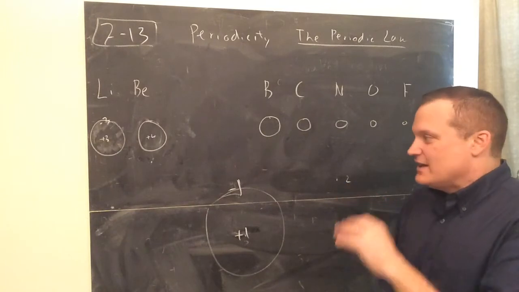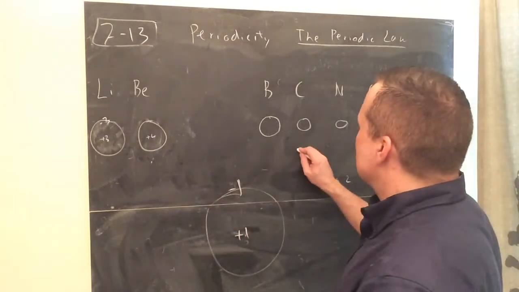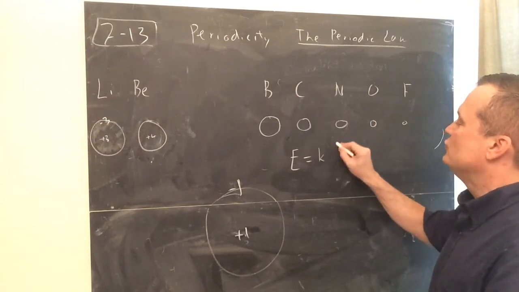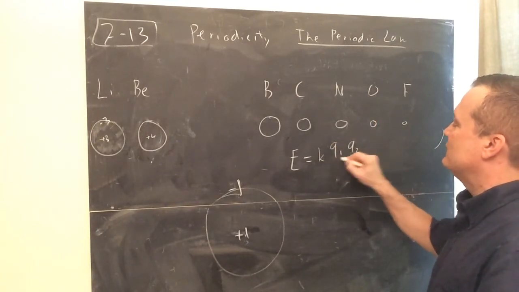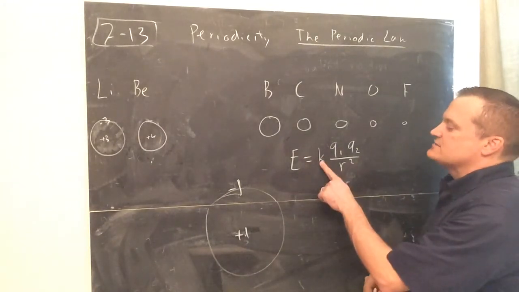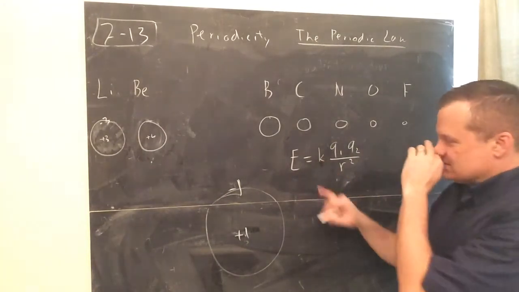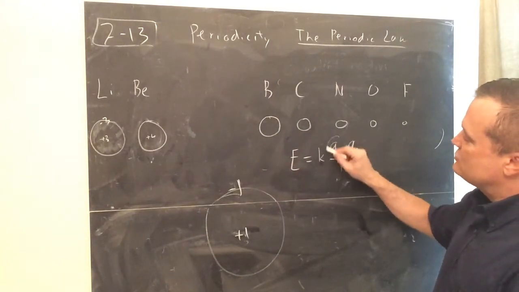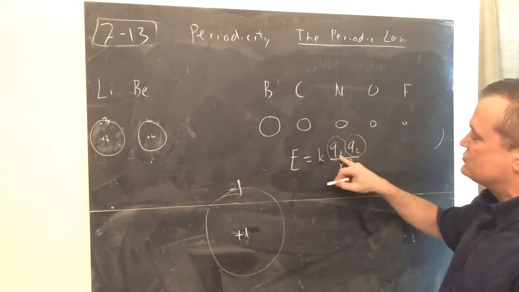Now, it can also be due to what's called this equation, and you've seen it before. It's called Coulomb's law. I don't do a lot to explain it, but I just want you to know this. This is a constant, you don't have to even worry about it. But this is the energy of attraction between two particles. Well, two charges actually, Q stands for charge.